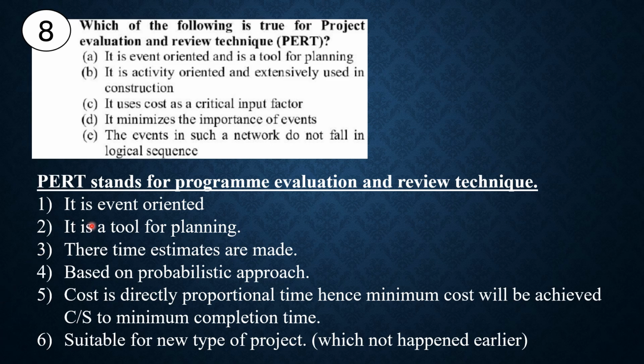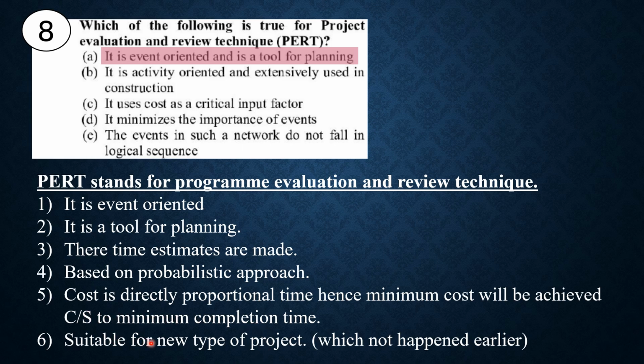Second, PERT is a tool for planning. Third, time estimates are needed. Fourth, it is based on a probabilistic approach, and CPM is based on a deterministic approach. Fifth, cost is directly proportional to time, hence minimum cost will be achieved at minimum completion time.